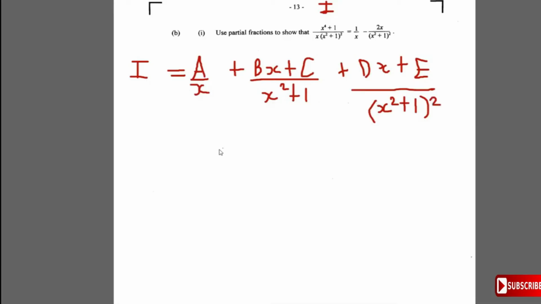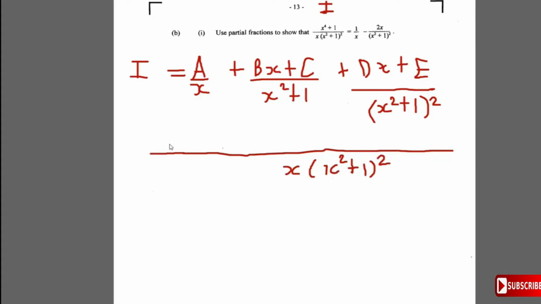Now, of course, we're going to have to find the common LCM, primary school mathematics. So it's x times (x squared plus 1) all squared. And so we go x into this, which leaves (x squared plus 1) all squared.